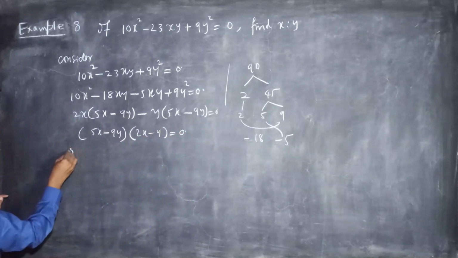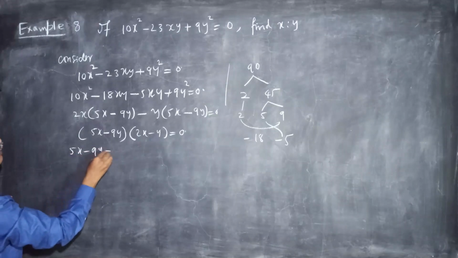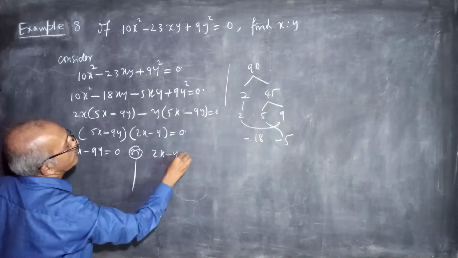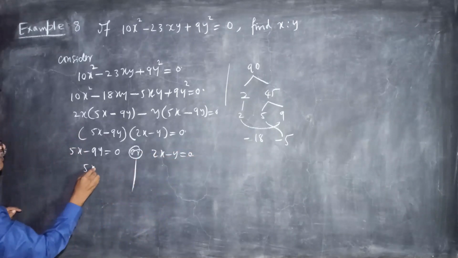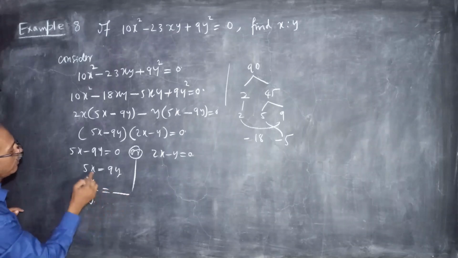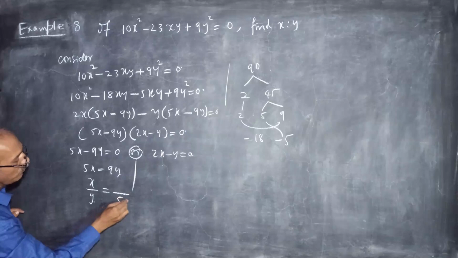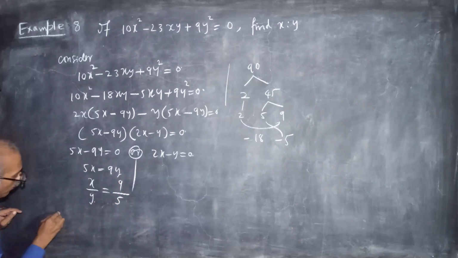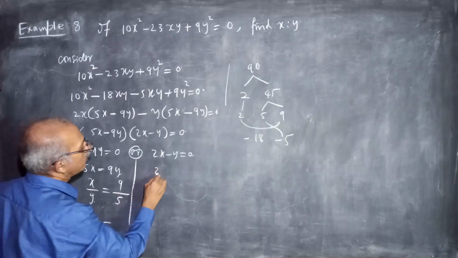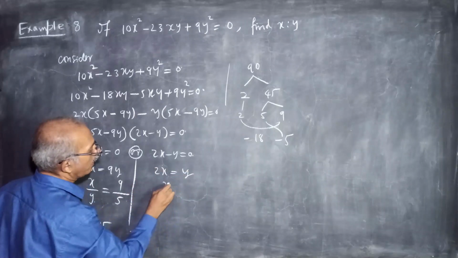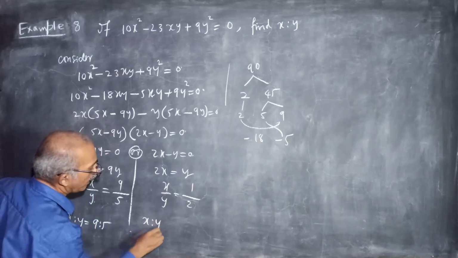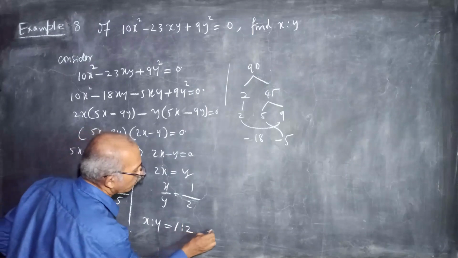Here we shall apply the zero product rule. 5x minus 9y is equal to 0 or 2x minus y is equal to 0. So 5x is equal to 9y. Here if we write x by y, 5 is multiplied with x, so 5 here, 9. So therefore x is to y is equal to 9 is to 5. Here 2x is equal to y. So x by y is equal to 1 by 2. Therefore x is to y is equal to 1 by 2.